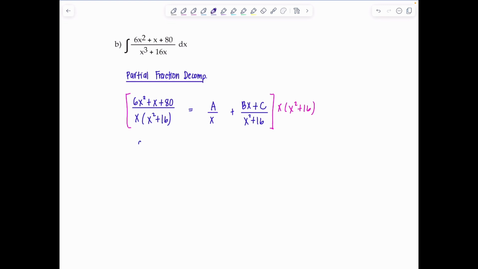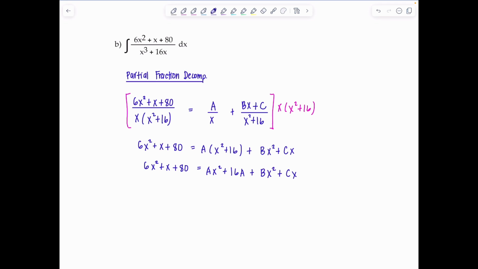So what do we have now? 6x squared plus x plus 80 equals a times x squared plus 16 plus, this is going to be bx squared plus cx. I would keep distributing. Since we have a factor that's an irreducible quadratic, we have to set up a system of equations to solve for a, b, and c. We can't just, well, I guess we could substitute in 0 for x and then substitute in something else. But usually I do it this way.